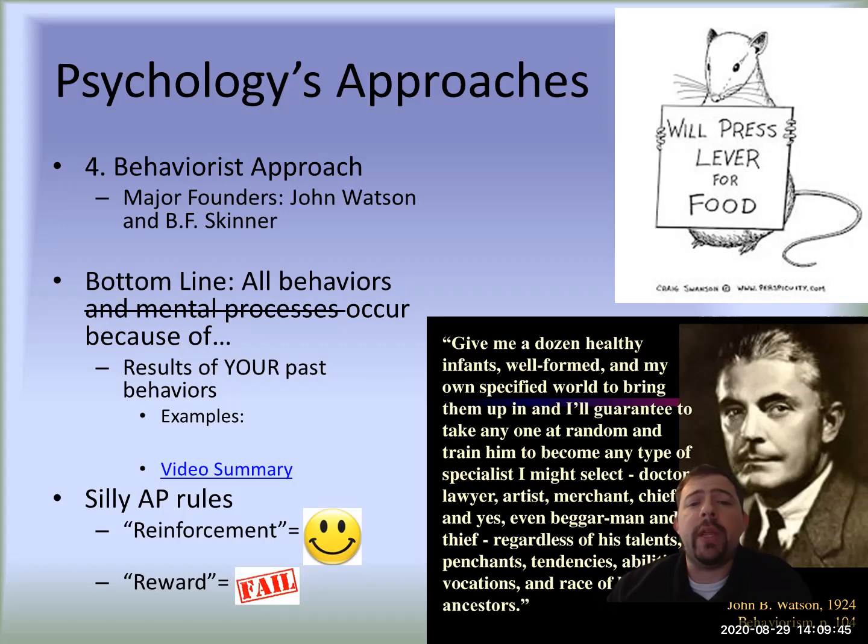And so when we look at the bottom line, we have scratched out mental processes. The same way that when John Watson became the president of the American Psychological Association, he cut mental processes out of the definition of psychology and called it the scientific study of behaviors. So when we consider from this point of view, we have to strike any form of mental processes away from our thinking.